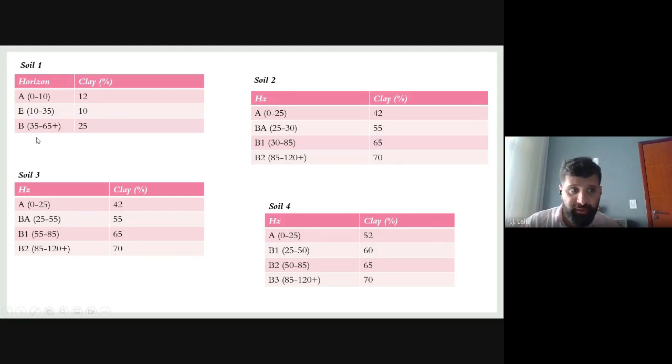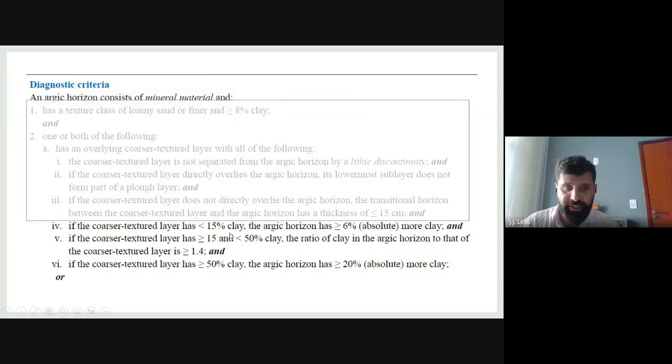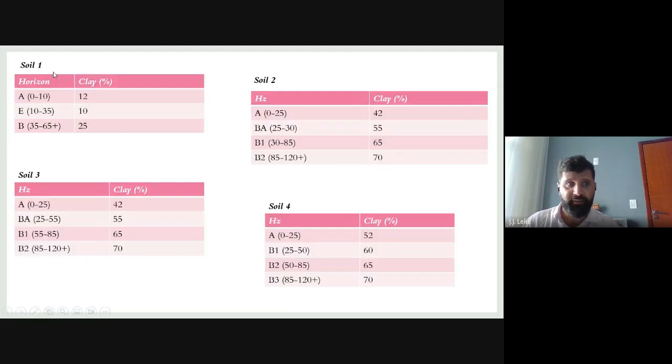So in this case, this B horizon is an argic horizon because it follows this criteria: if the coarser texture layer presents less than 15, the argic horizon should present at least 6% more clay than the coarser texture. And the soil follows this criteria. So this B is an argic B horizon. Okay, perfect. Let's see example 2.